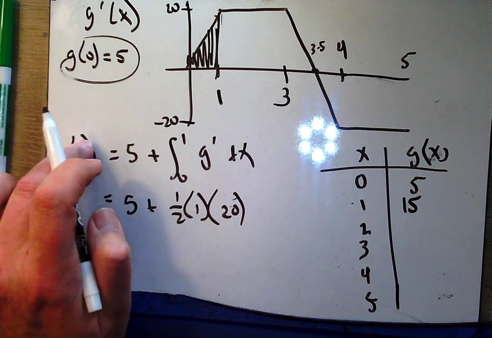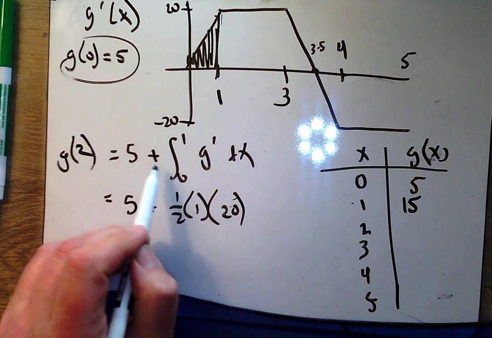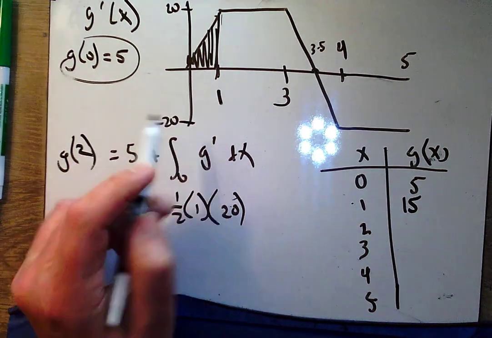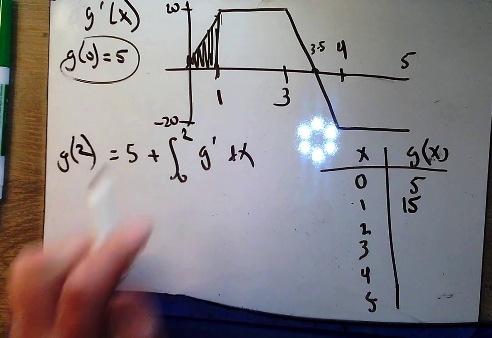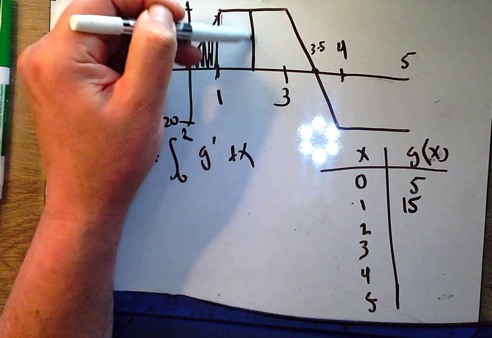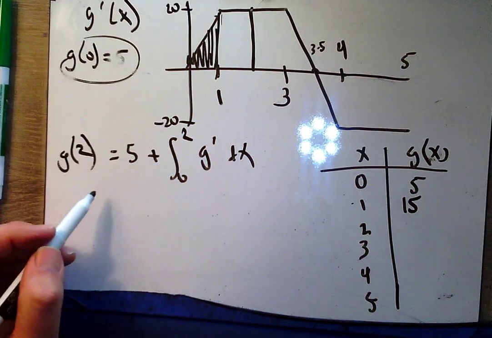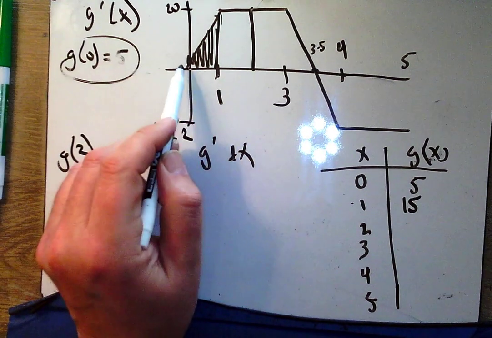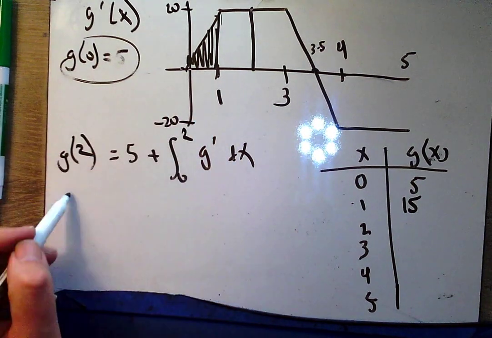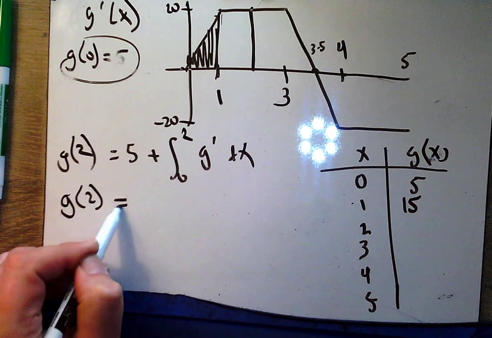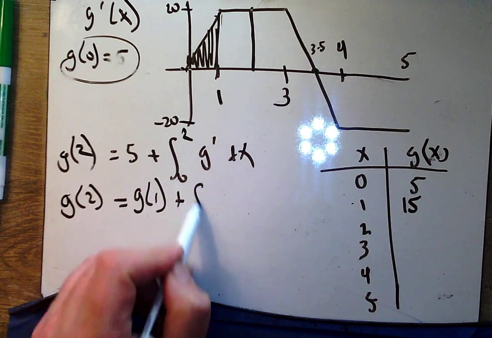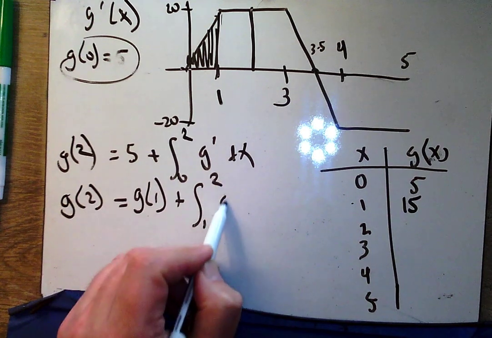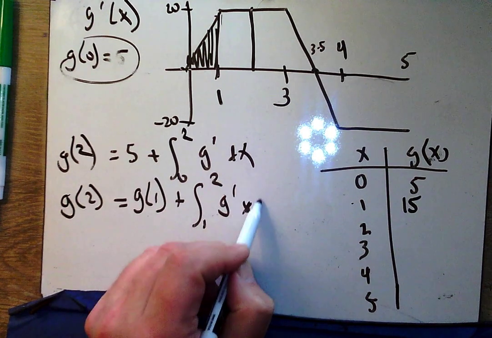And if I want to do g of 2, then I'm still going to go from 0 to 2. And if I go 0 to 2, I notice that actually I don't have to start all the way back at 0. I would say that g of 2 is equal not to g of 0, but to g of 1 plus the integral from 1 to 2 of g prime.